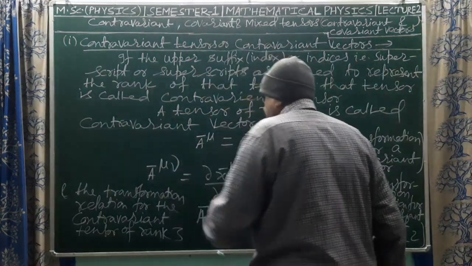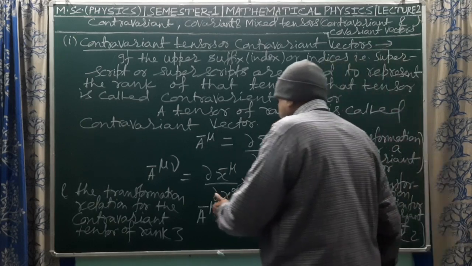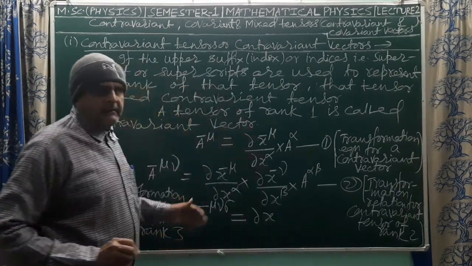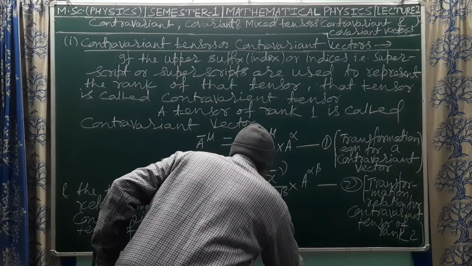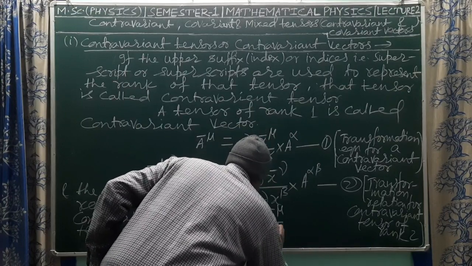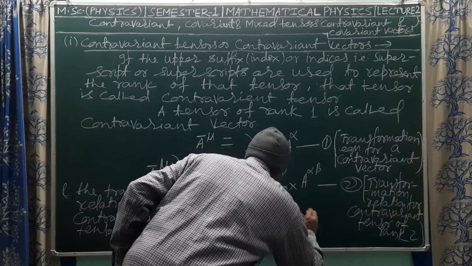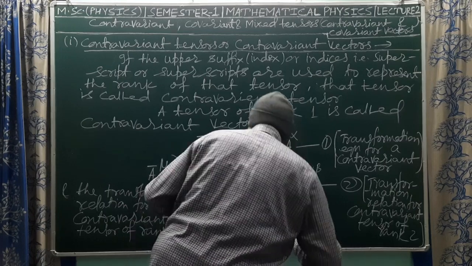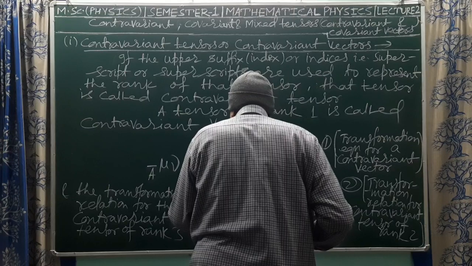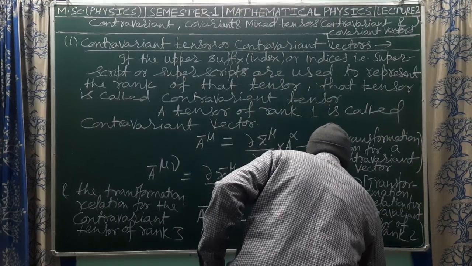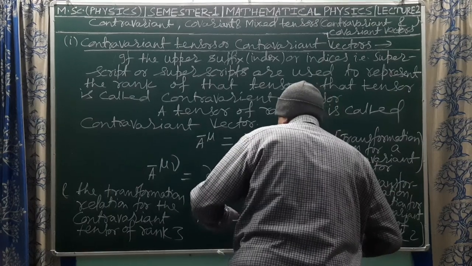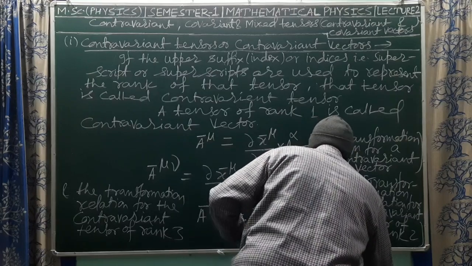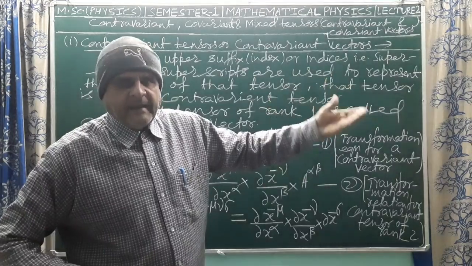So the transformation relation can be expressed as a bar mu nu sigma equals to, again, partial derivatives, del x bar mu upon del x alpha multiplied by del x bar nu upon del x beta multiplied by del x bar sigma upon del x gamma, multiplied by a to the power alpha, beta and gamma. x bar or x prime, x dash भी यूज किया जा सकता है.